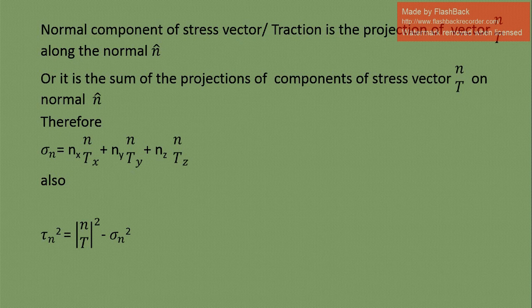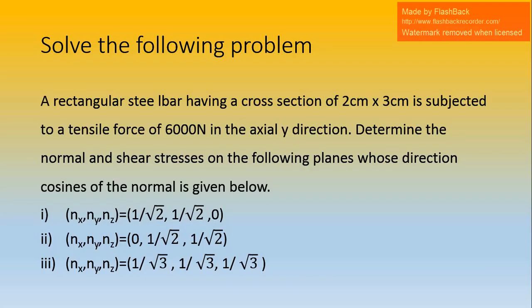By knowing these equations we can find the stress vector acting on any plane, the normal component of the stress vector on that plane and the tangential component on that plane. So let us go to the solution of a problem.